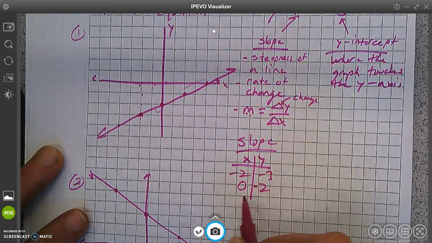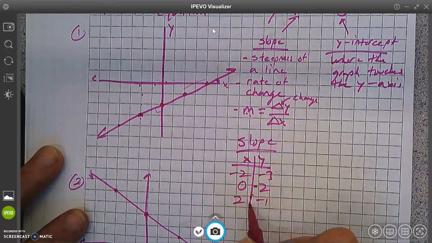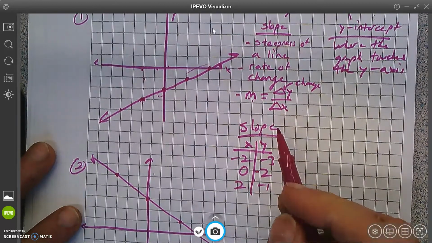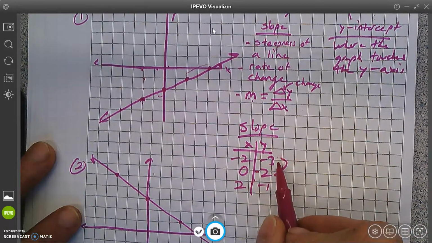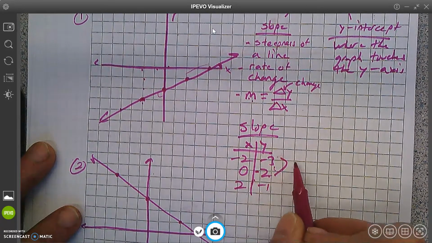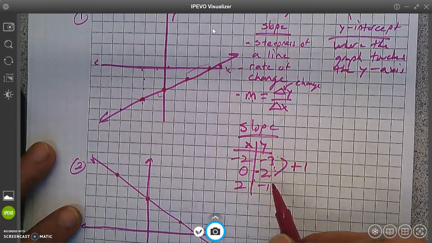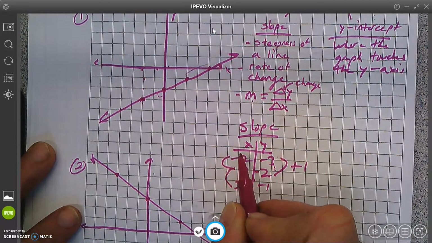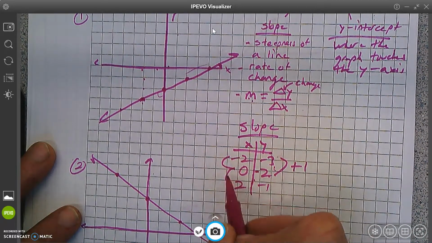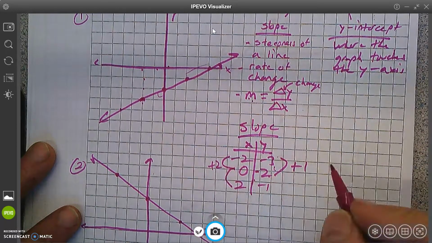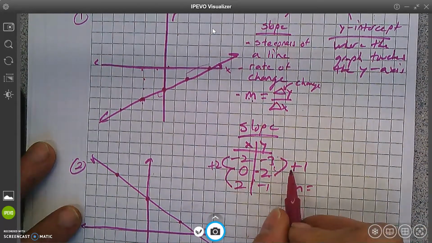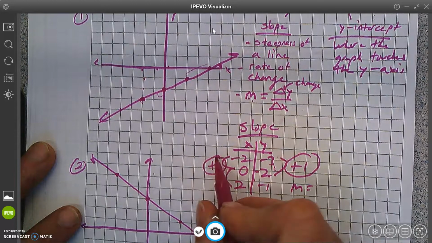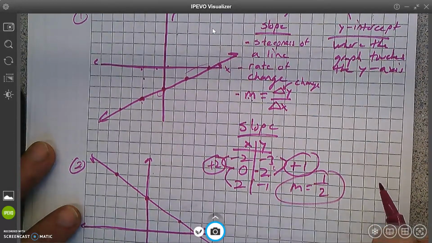Okay, so slope, change in y. Negative 3 to negative 2, that's up 1, because I'm getting less negative, closer to 0. Negative 2 to 0, I'm getting negative to positive, it means I'm going up 2. So the slope is change in y over change in x, 1 over 2.